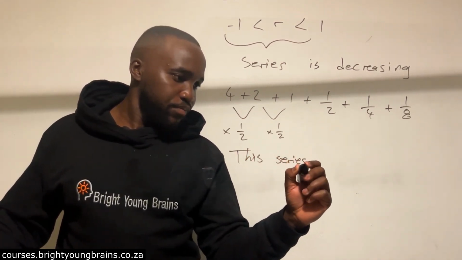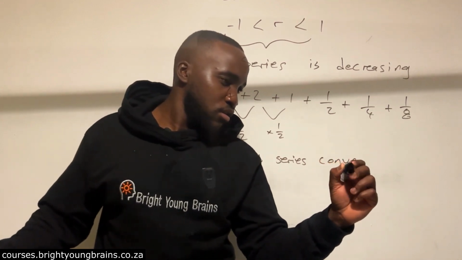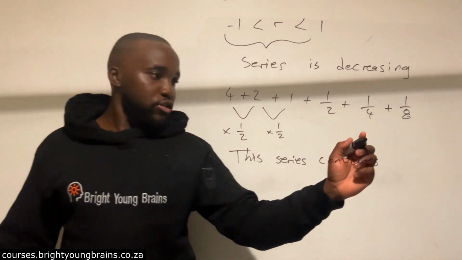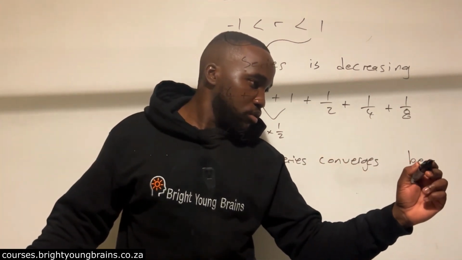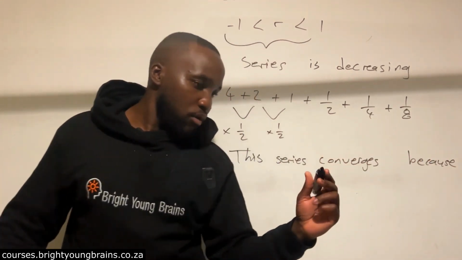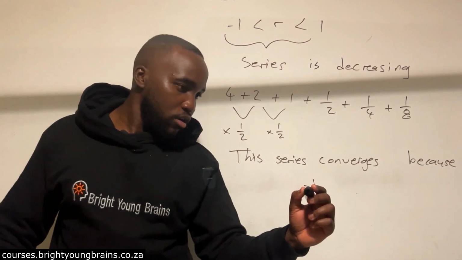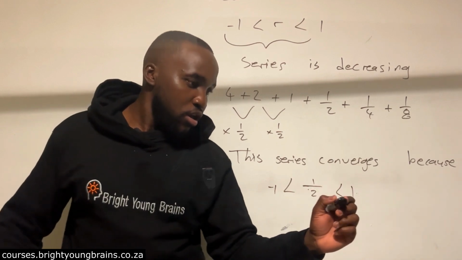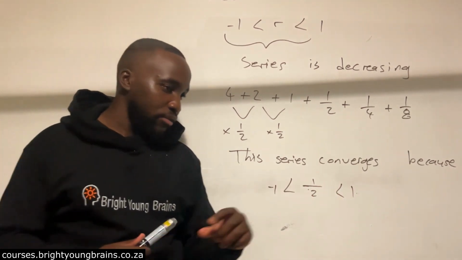Now, as long as R is a half in this situation, what we can say is that this series converges. You see, this series converges because our value of R is bigger than -1 and it is smaller than 1.